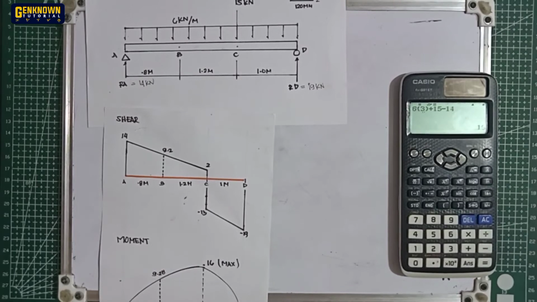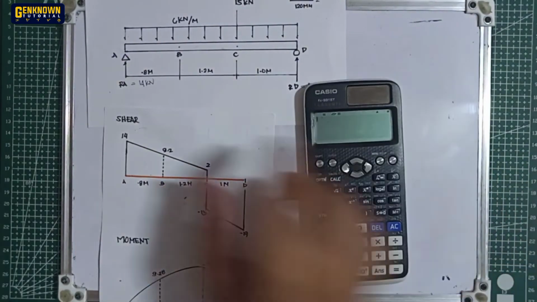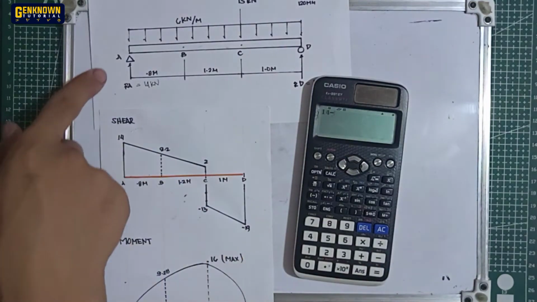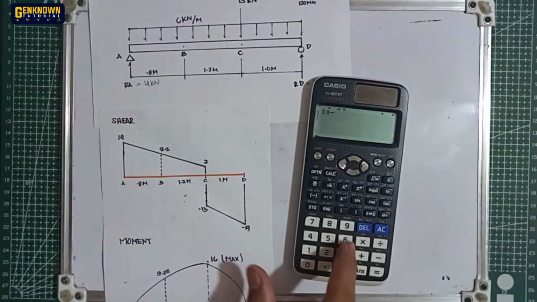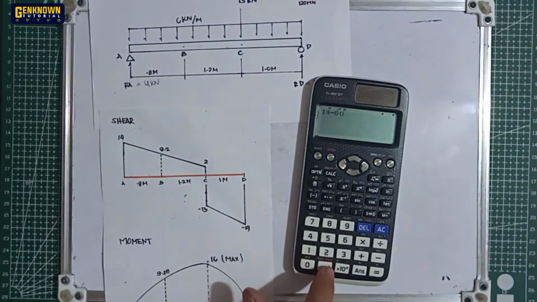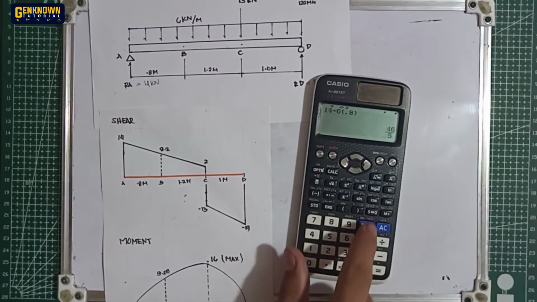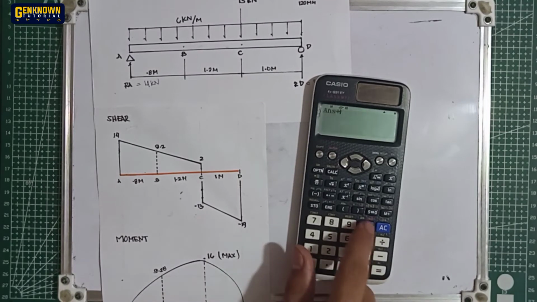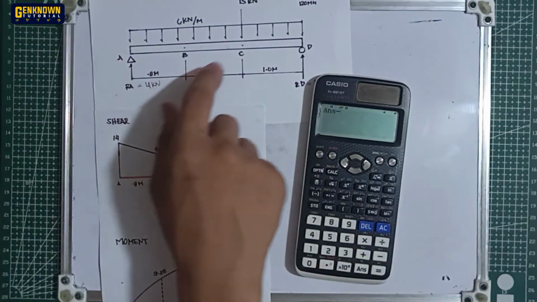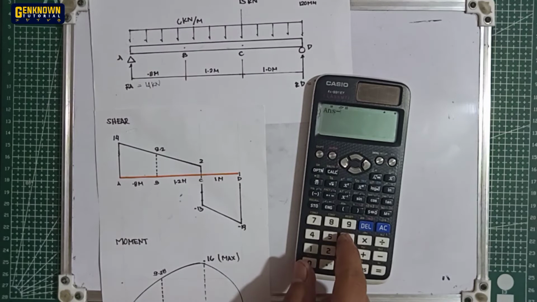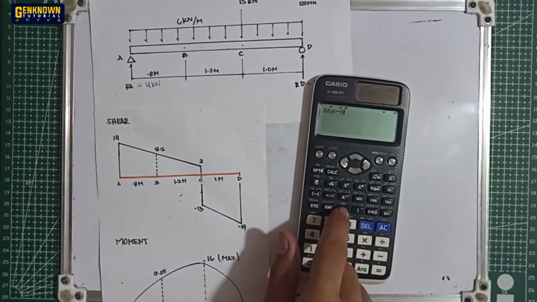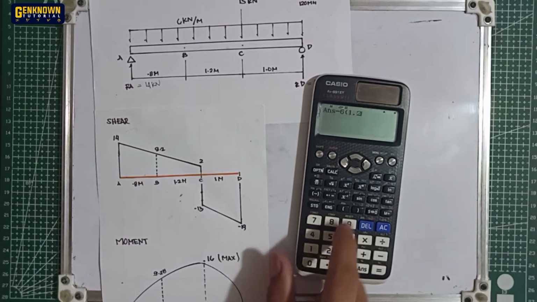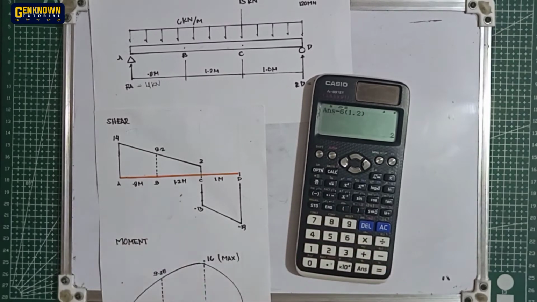We have, papakita ko na lang ulit, we have upward or positive 14 minus, from point A to point B we have UDL 6 multiplied by 0.8. We have 9.2, which is correct. Minus, from point B to point C we have UDL again 6 kN per meter multiplied by the distance between point B and point C is 1.2, which is positive 2.